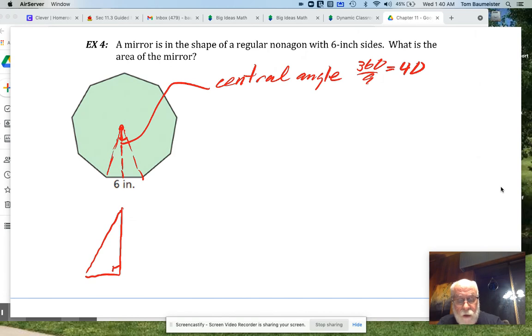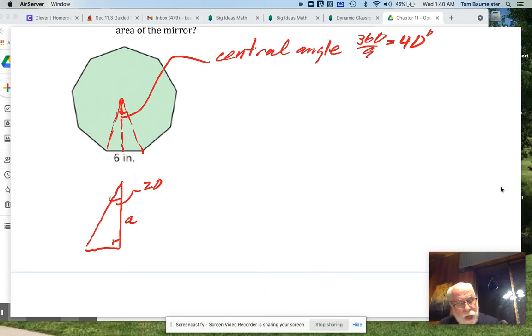So since our central angle was 40 degrees, we know that this is going to be 20 degrees now, right? And now here's our apothem. And since it bisected that side there too, we know we're going to have 3 there.